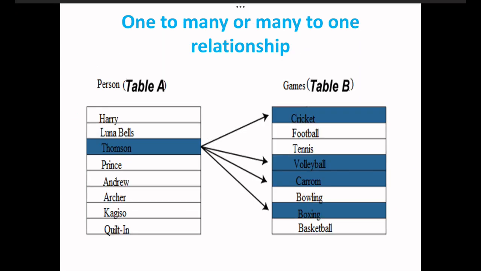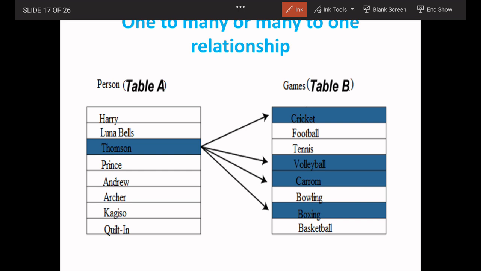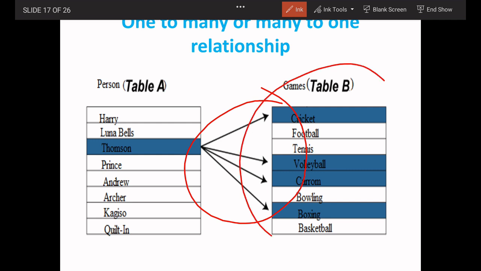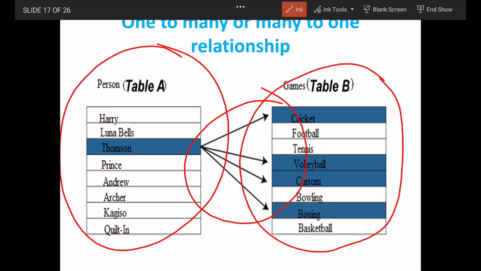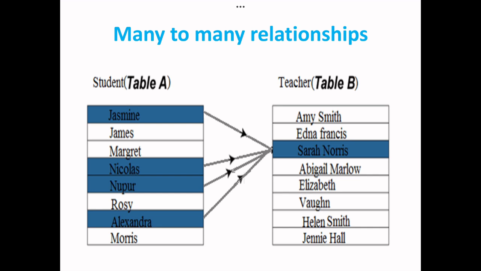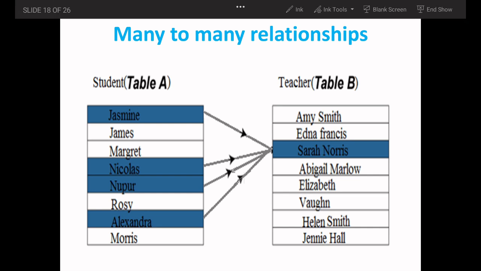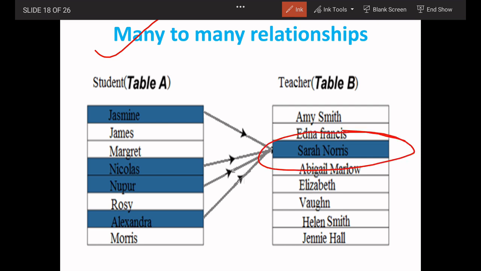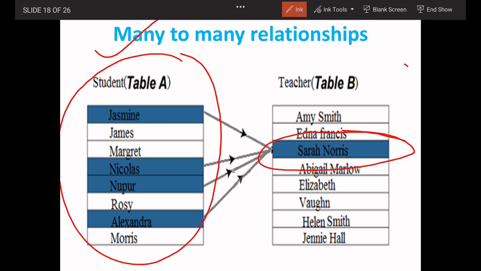Okay, second one is one-to-many. You can see we are creating the relationship between 2 tables. So such things we are already using in our computer science. So this is very important to understand, the many-to-many mapping. Okay, with the help of this we can find whatever we want.